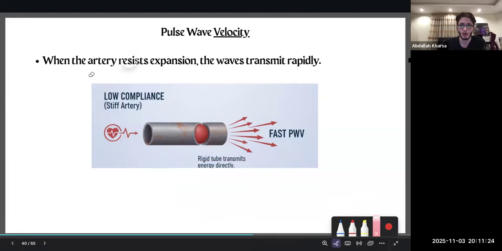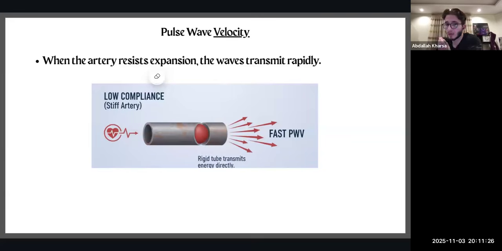When the artery resists expansion, the pulse transmits rapidly. Very simple. If you're building a pipe and you want the fluid to travel through as fast as possible, you want it to be rigid. You don't want it to be expanding and slowing down on the way there. They might literally bring you a question: which of the following is going to have a higher pulse wave velocity, a vessel with high compliance or a vessel with low compliance, or two other options?